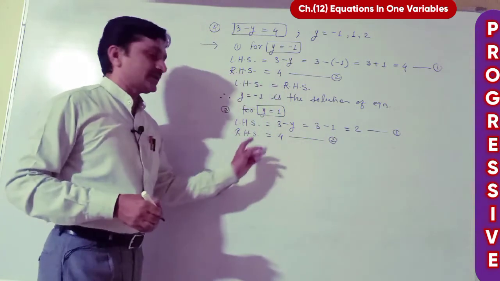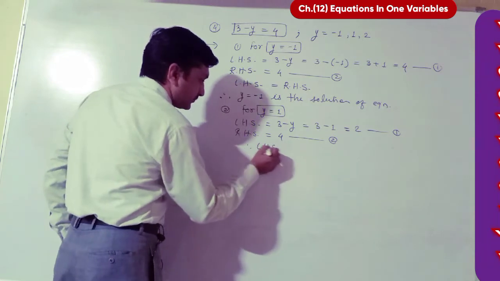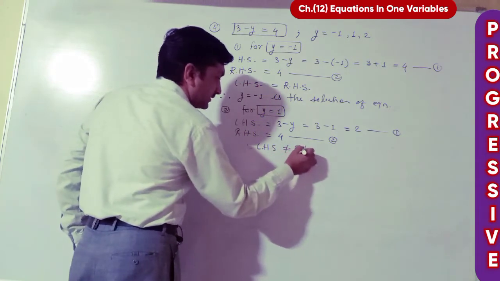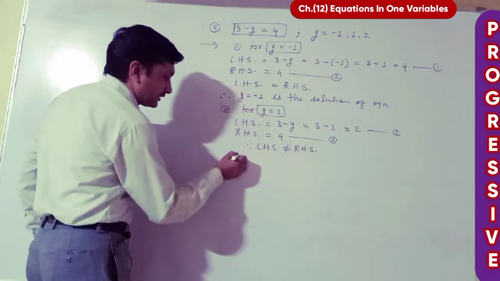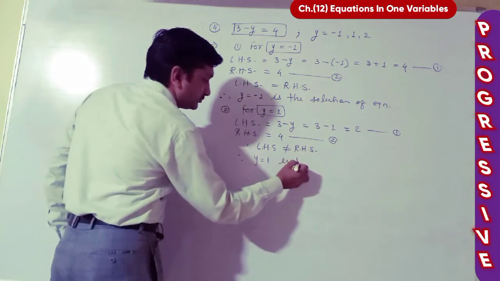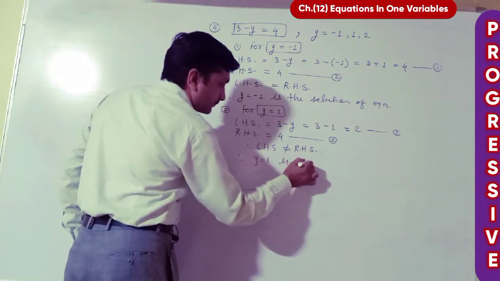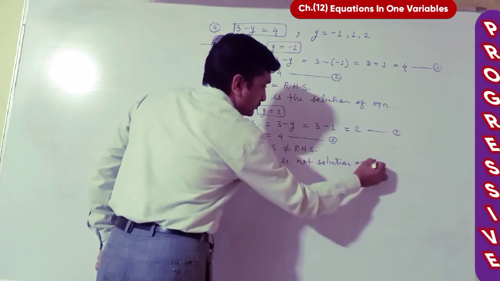Now LHS 2, RHS 4 not equal, therefore LHS is not equal to RHS, and as these two are not equal, we can say y is equal to 1 is not a solution of the equation.